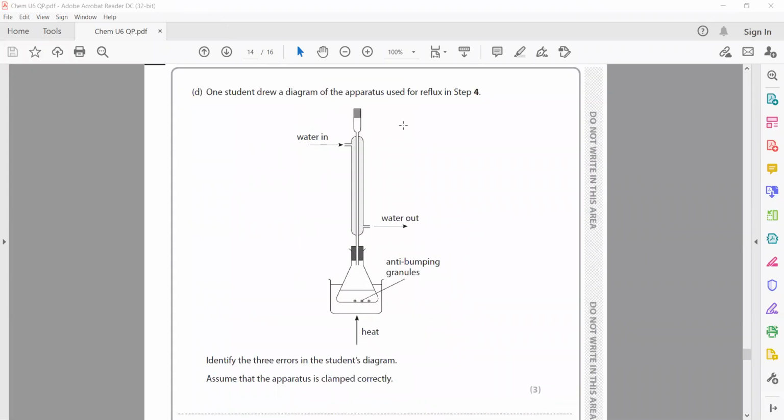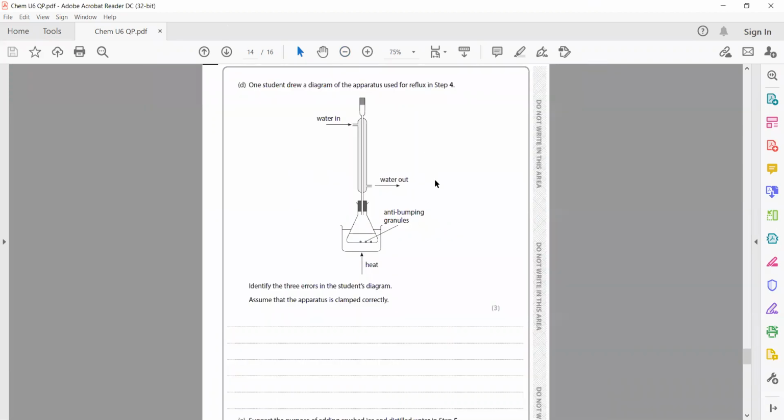One student drew a diagram of the apparatus used for reflux in step 4. Identify 3 errors in the student's diagram, and assume that the apparatus is clamped correctly. So what are the 3 errors? As you can see, the reflux condenser is sealed. It should not be sealed, that is a mistake.